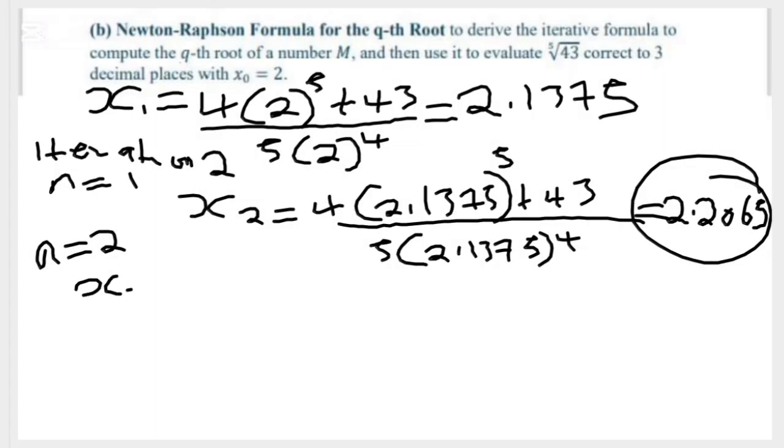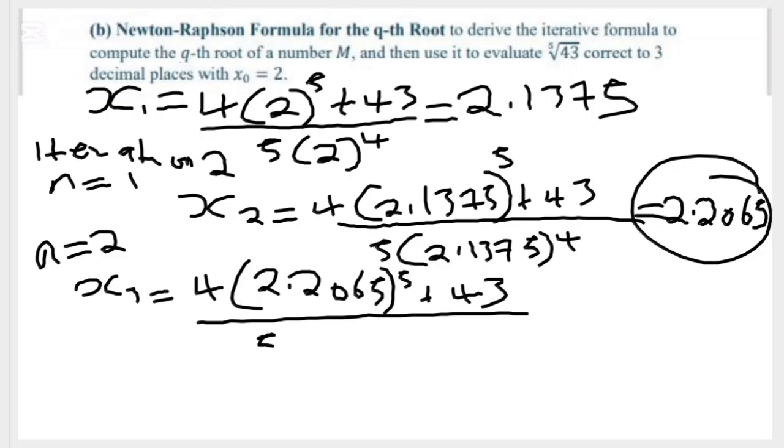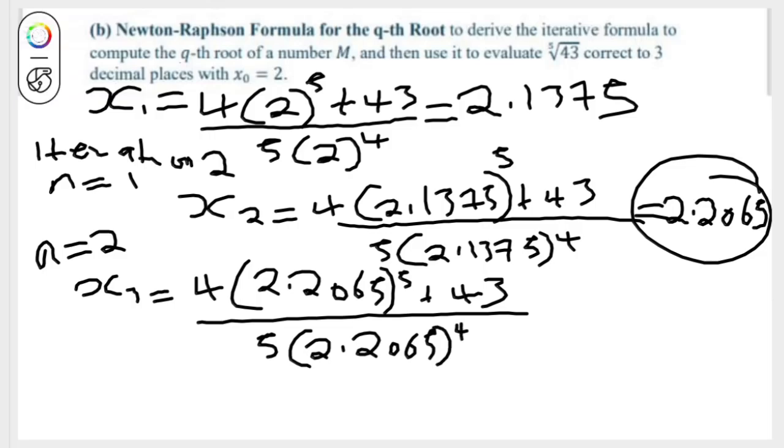So therefore it will now become x3. Let me say x3 is the same thing as 4 multiplied by 2.2065 to the power of 5, plus 43, divided by 5 multiplied by 2.2065 to the power of 4.